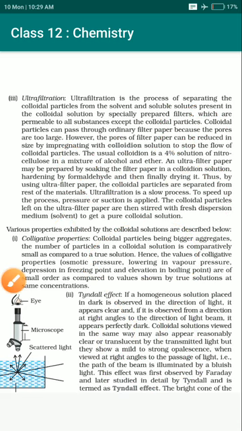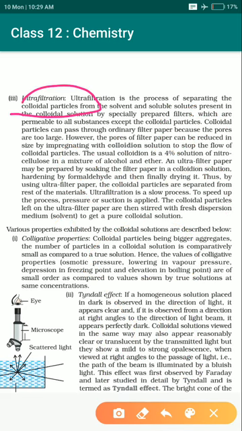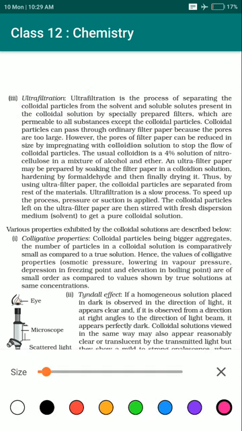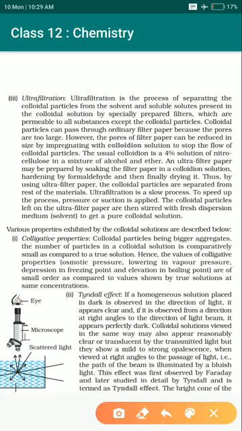Now the ultrafiltration process is used for the separation of colloidal particles. Ordinary filter paper is not taken, because ordinary filter paper cannot separate the colloidal solution.